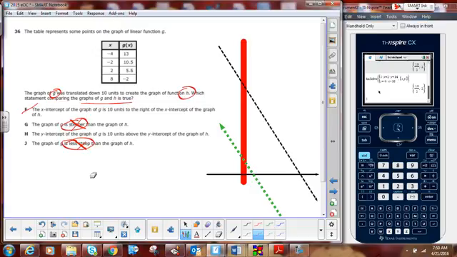So we can cross out G and J in this case, because they're talking about less steep and steeper. So let's see H: the y-intercept of the graph of G is 10 units above. Yes, if this is G and this is H, G is 10 units above because you shifted 10 units down. Yes, so this statement is true.